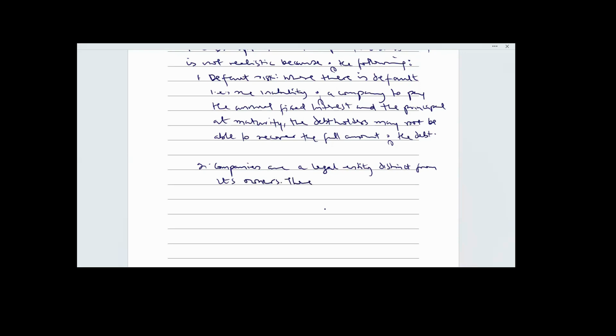Therefore, when a company liquidates, the assets will be realized and the liabilities settled from the proceeds.